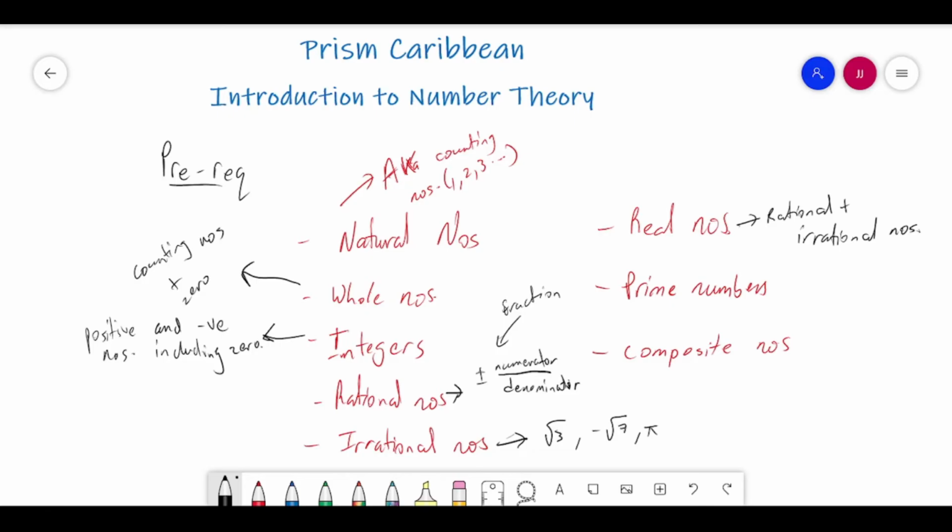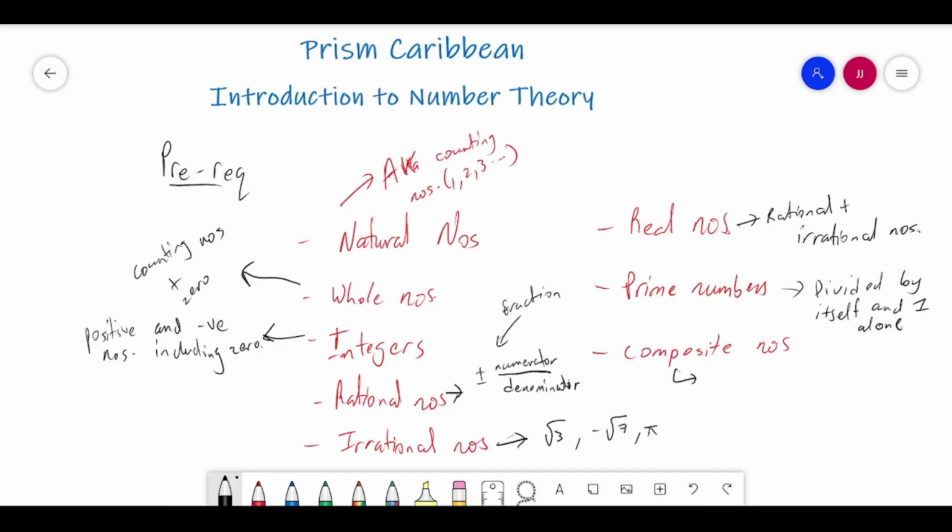With regards to the prime numbers, these are numbers which can be divided by itself and 1 alone, right? Right. So now we also have composite numbers.